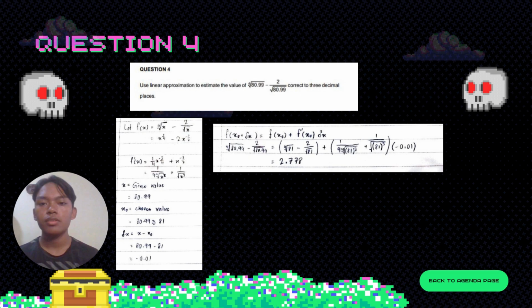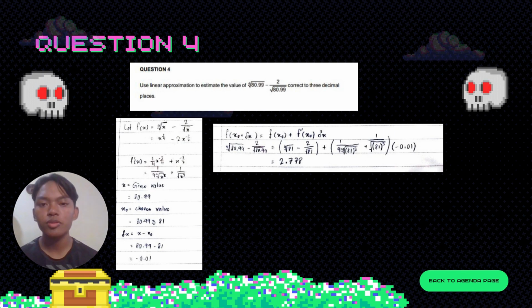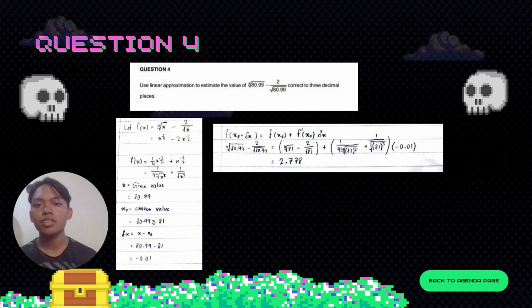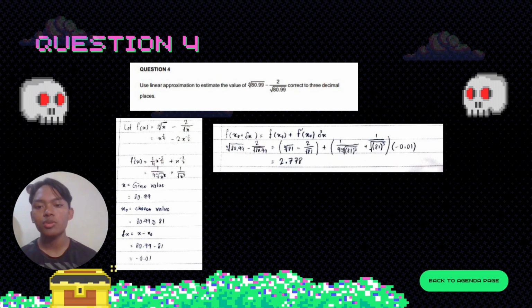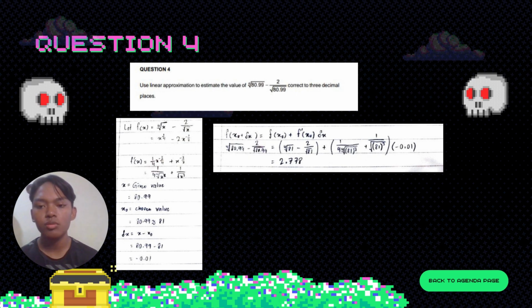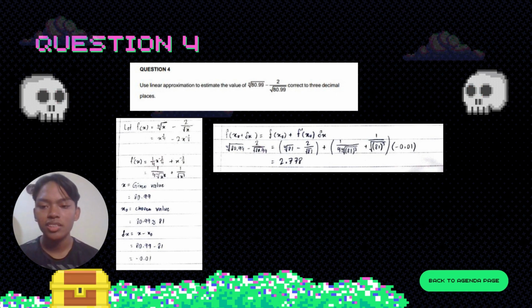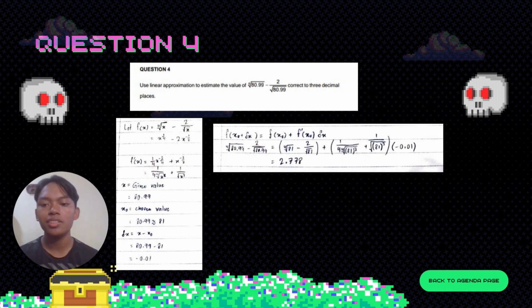Okay, so for question 4, by using linear approximation, estimate the value of the fourth root of 80.99 minus 2 over square root of 80.99. For the first step, let the function of x equal the fourth root of x minus 2 over square root of x. So we change it to a simpler equation.